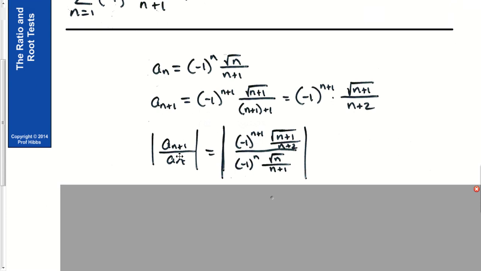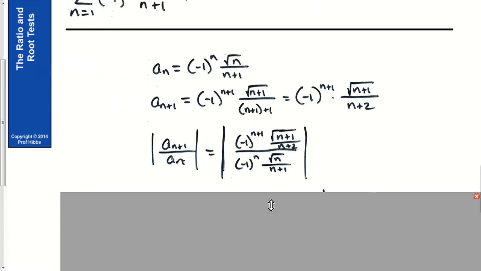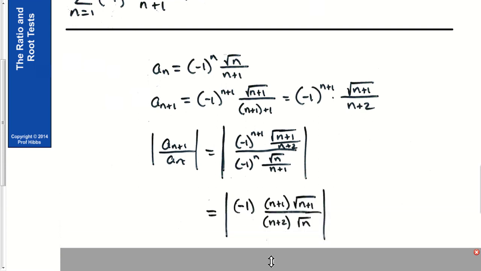So next we need to create the absolute value of this fraction. And now here absolute value ends up being a little bit of a deal because we have these negatives in here. So that's the fraction that we'd be looking at. Now what I'm claiming is since we have negative 1 to the power n plus 1 divided by negative 1 to the power n, that is just negative 1.